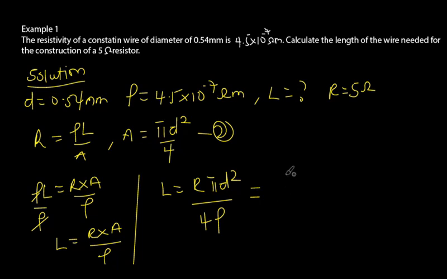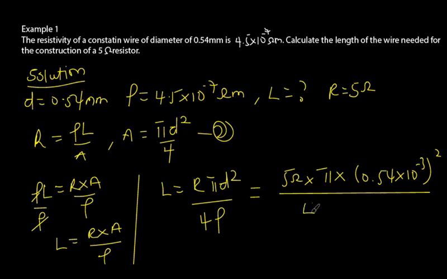So we have our resistance to be 5 ohms times pi times d squared. The d is 0.54 times 10 raised to the power minus 3. So that's the conversion to meters. So millimeters, milli is times 10 raised to the power minus 3. So we square here as the d is squared over here. So 4, then we have the resistivity, which is 4.5 times 10 raised to the power minus 7.